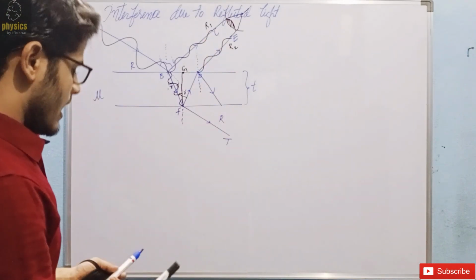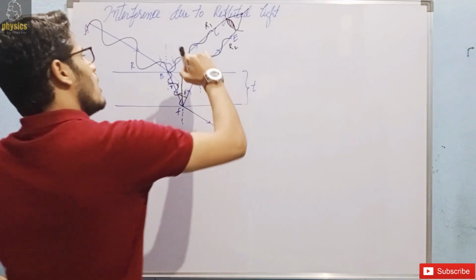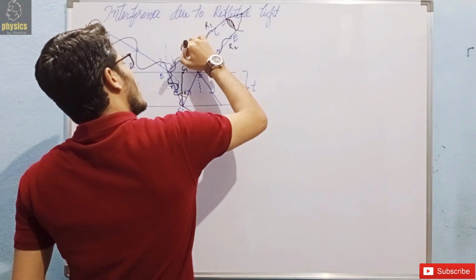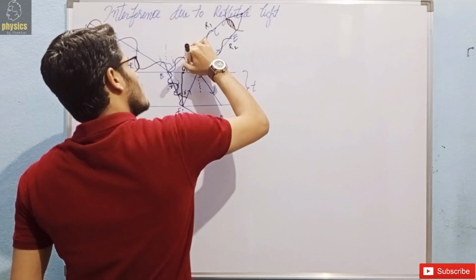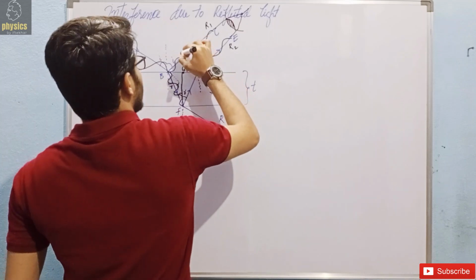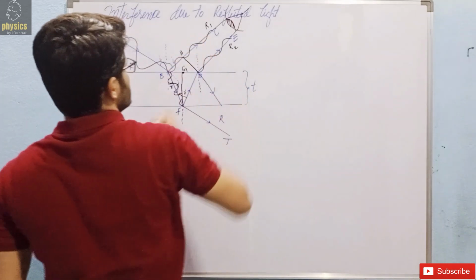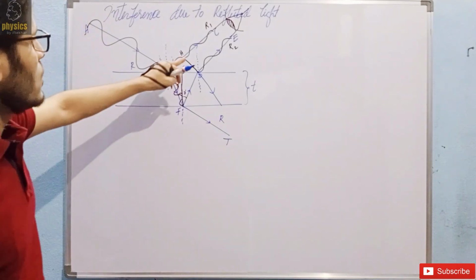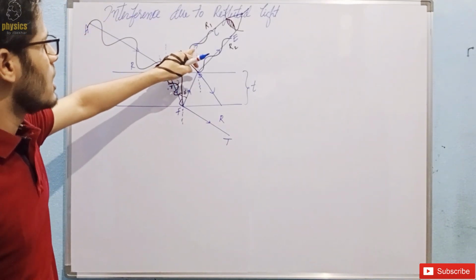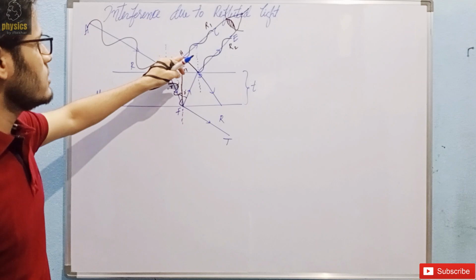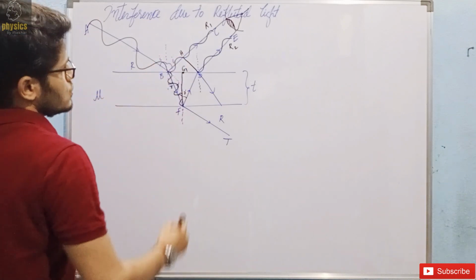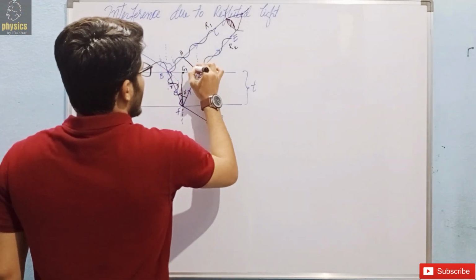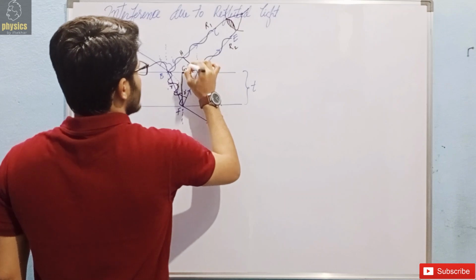For that, we have to find the path difference between these two rays. So I have to draw a perpendicular to ray 1, and I am calling this point H. So I need to know this angle. What is this angle?